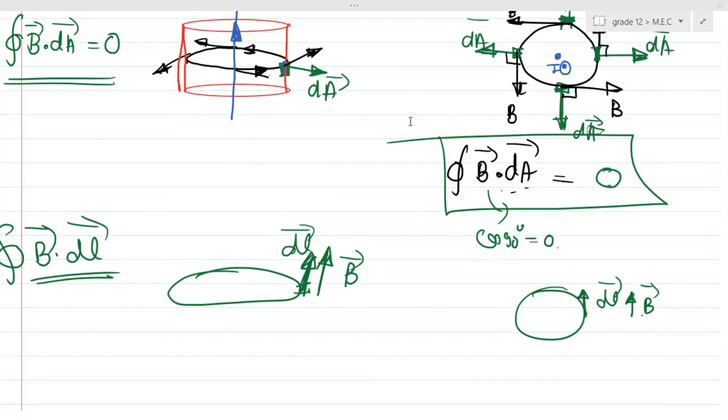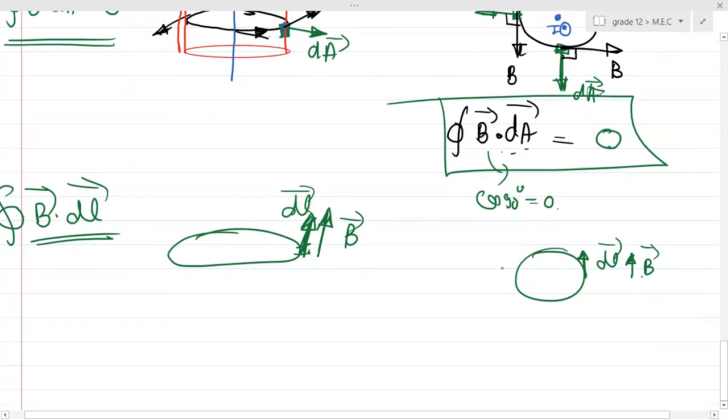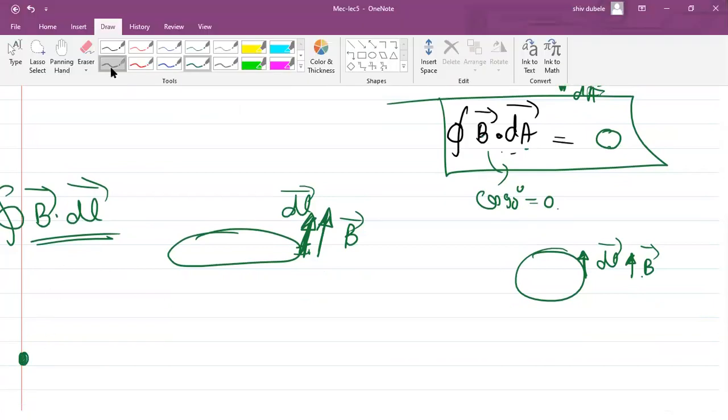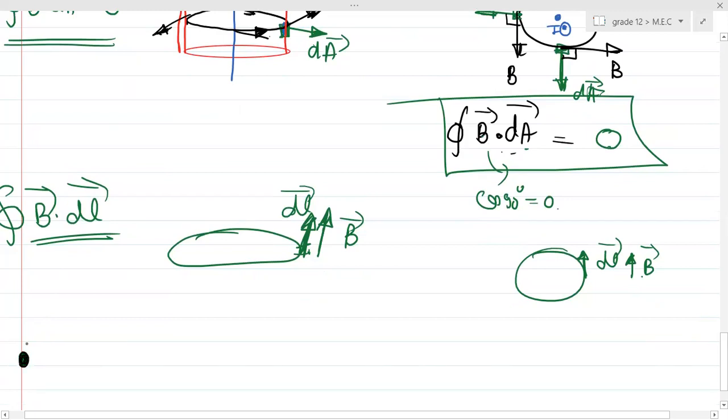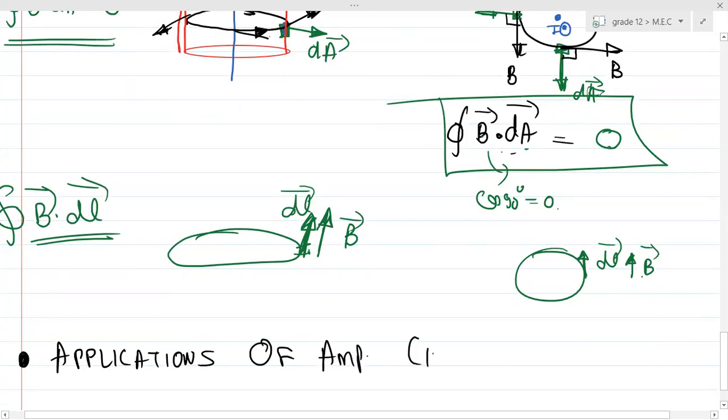So this is the reason why we are not choosing B dot dA. And now please write down the heading, guys. Applications of Ampere's circuital law.